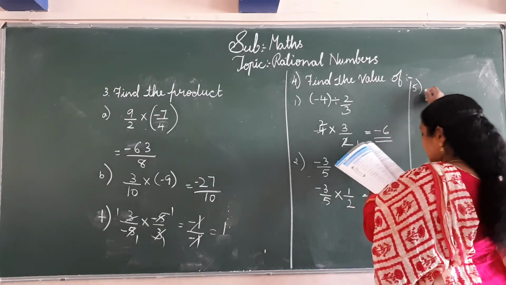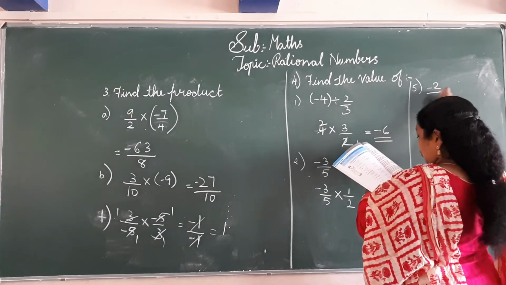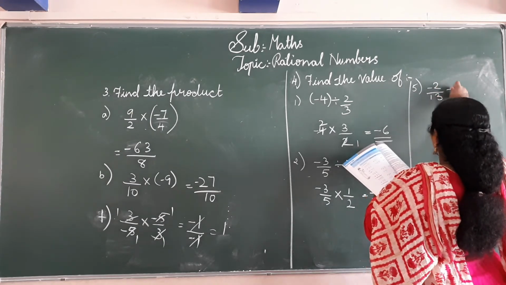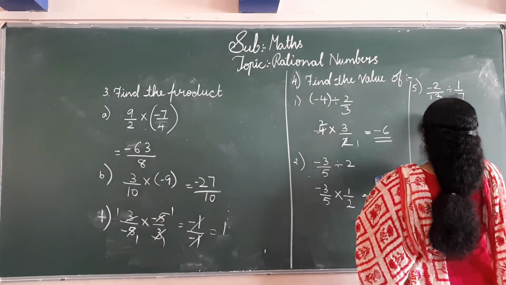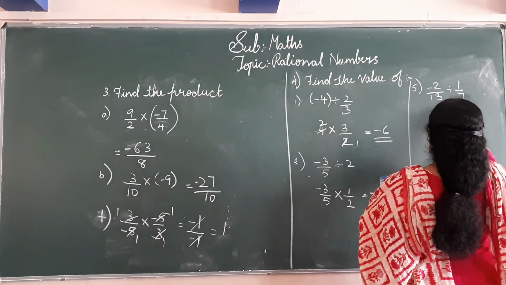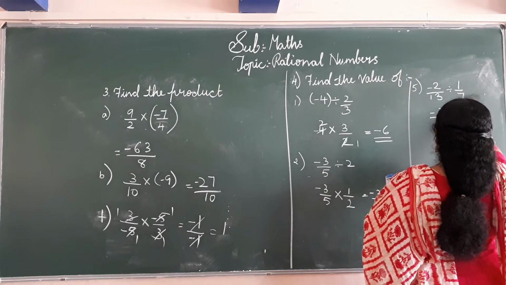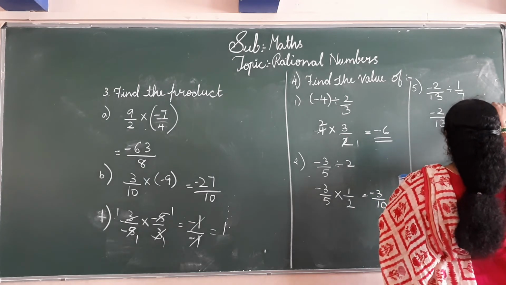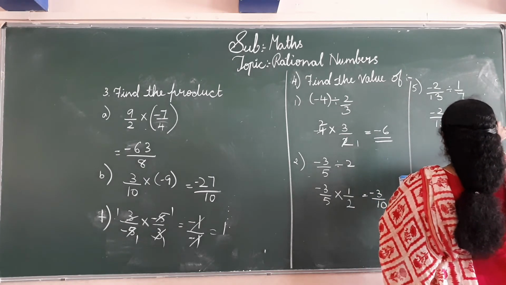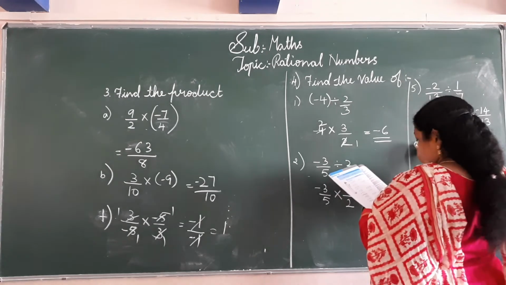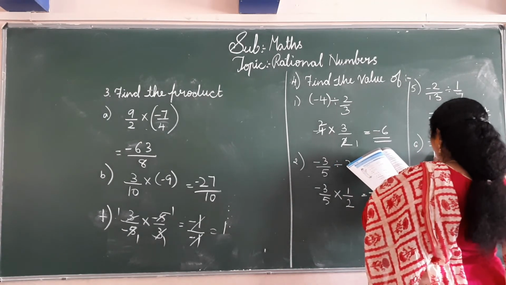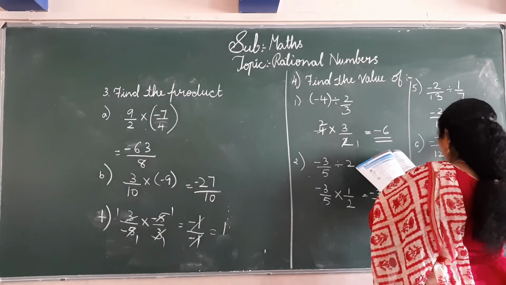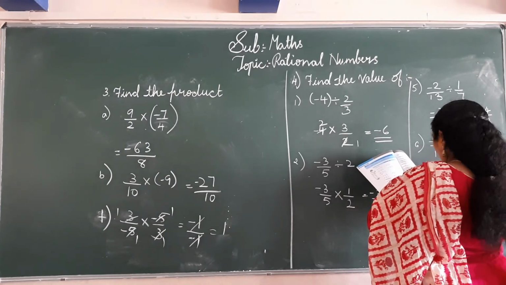Fifth one, which says minus 2 by 13 divided by 1 by 7. Minus 2 by 13 into 7 by 1. Minus 14 by 13.